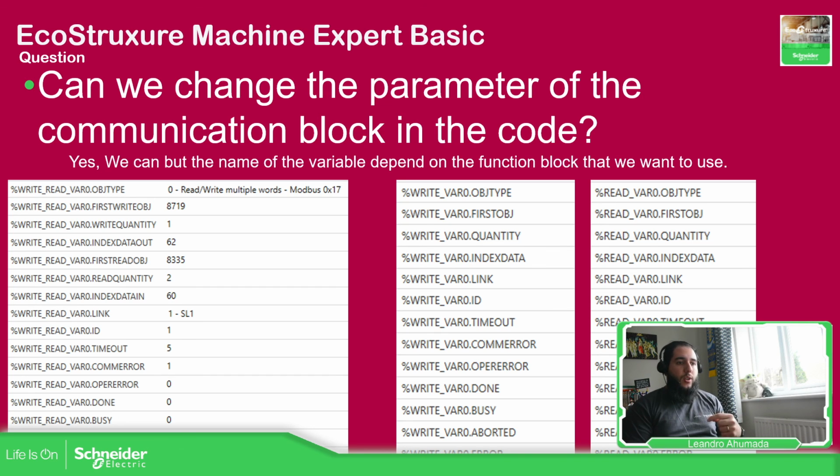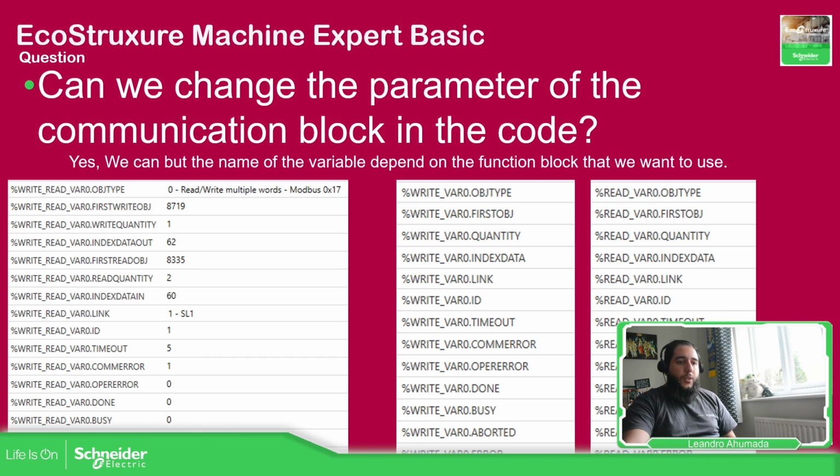So you can change those numbers because you can access that information also. So you can access, for example, the first object. For example, you want to read one position, then another one that is not continuous. You can do that. You can assign another variable and change that in the logic, but that will require more logic to do it, and probably can be solved by adding another function block, but you have the possibility to do it.